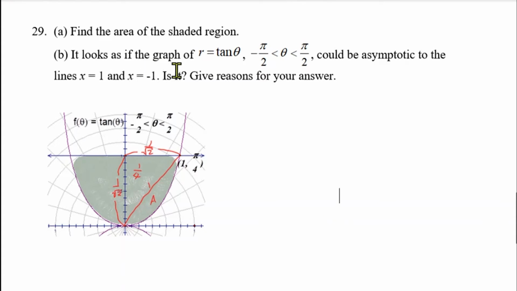I didn't read it correctly. So that's A, and then B is just potentially infinite area, right? Okay. As if the graph of tangent could be as. So if we draw this line, is that the asymptote, right?